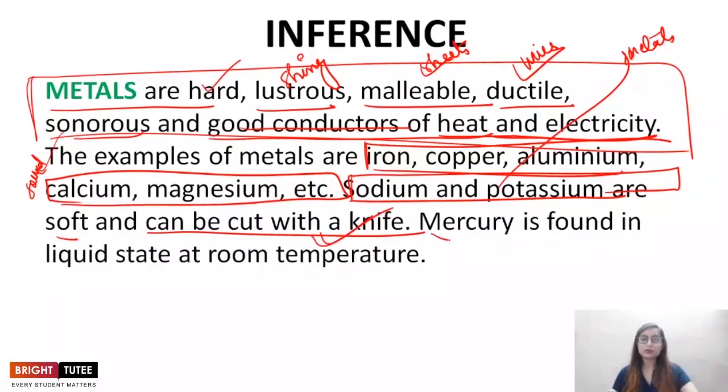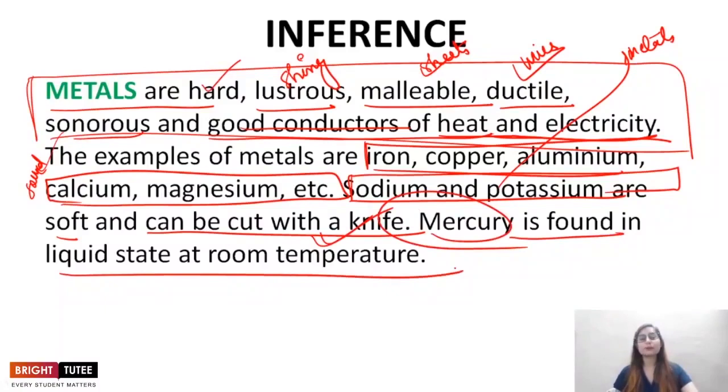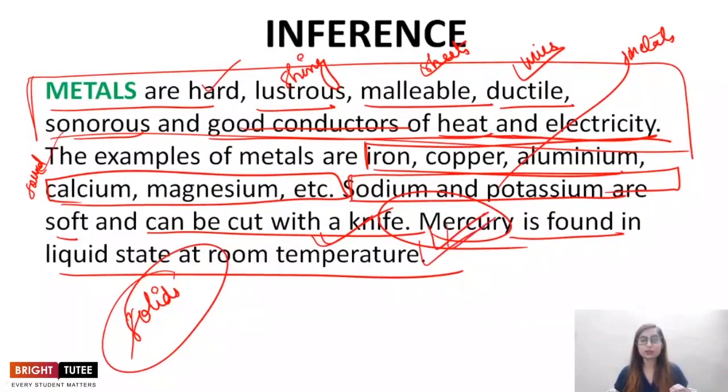Another exception is mercury, which is found in liquid state at room temperature. All other metals are solids and they have high melting and boiling points, but mercury has a very low range of melting and boiling points, so it exists as a liquid at room temperature. So this is also an exception.